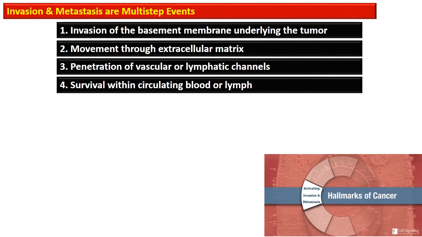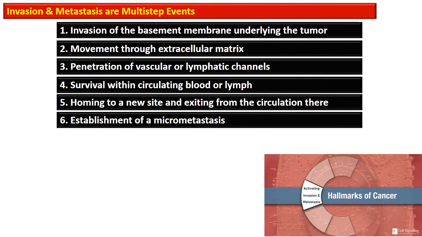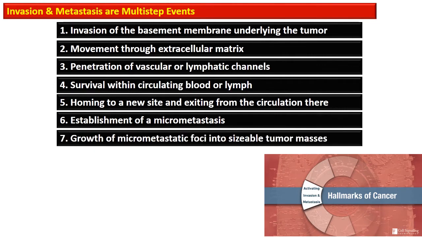They survive within the circulating blood or lymph and form a home at a new site, exiting from the circulation there and establishing a micrometastasis site. Then these micrometastatic foci grow into a sizable tumor mass.